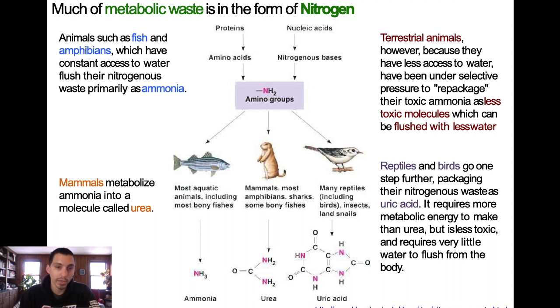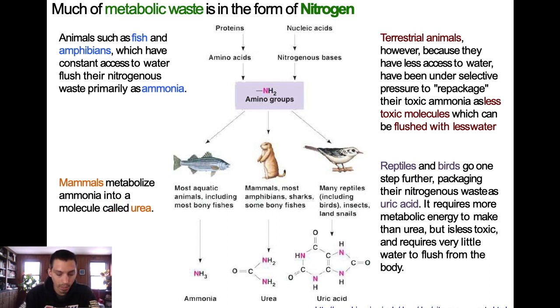There are 3 main categories we talk about: fish and amphibians, birds and reptiles, which are much more closely related than we would commonly think, as we know from topic 5.3 when we talked about different classifications, and then terrestrial animals and mammals, which is where humans fall in.